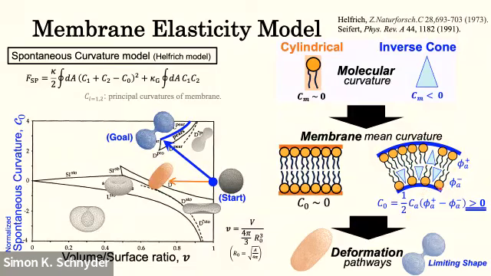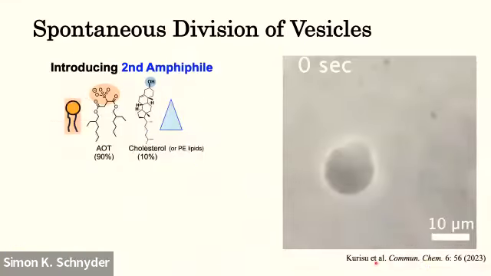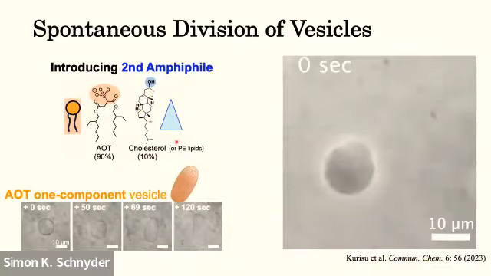So by modulating membrane composition, theoretically, we may control the deformation pathway of the vesicle membrane. And in my research, I applied the cholesterol molecule as a second component. Previously, I showed the membrane growth coupled with the chemical reaction network, and in the previous pictures, the vesicle composition is only AOT, only the cylindrical membrane molecules.